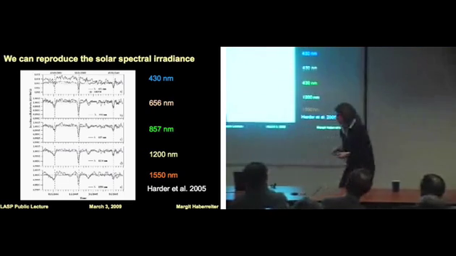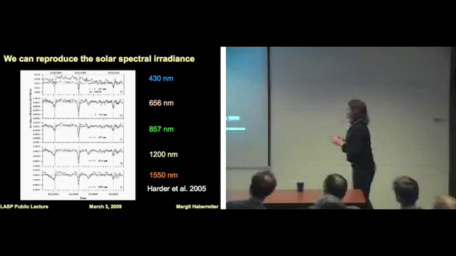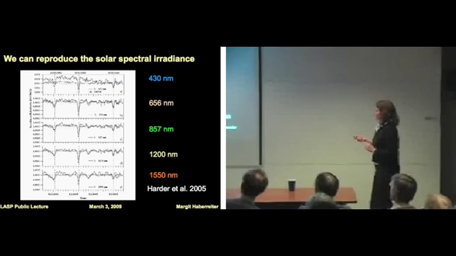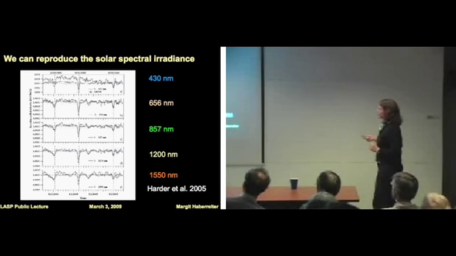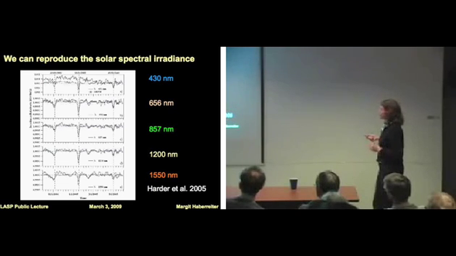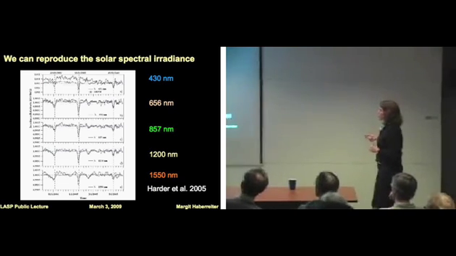This is shown in the next plot. I won't go into much detail, but it should show you that, as Jerry Harder and Juan Fontenla, who published this work, show, we can reproduce the spectral variability.